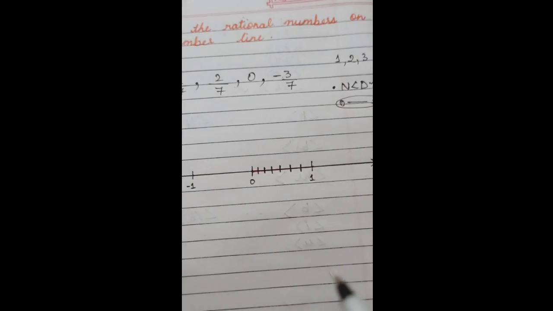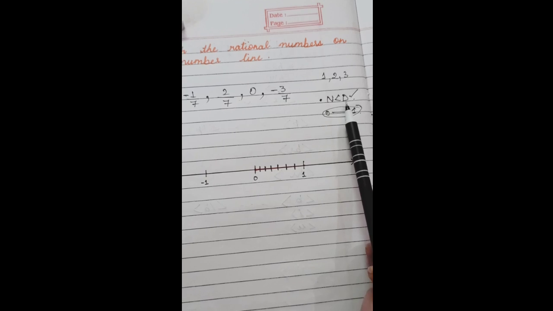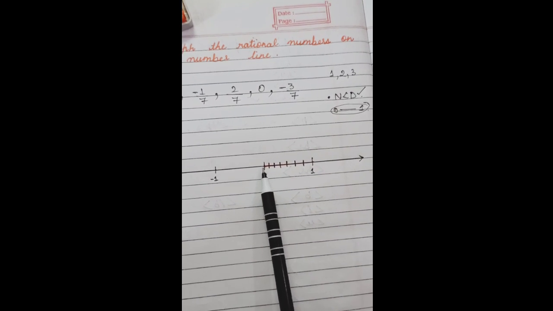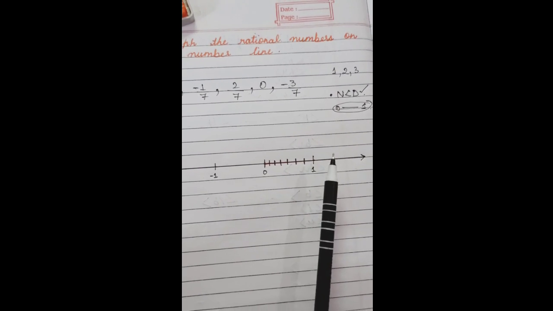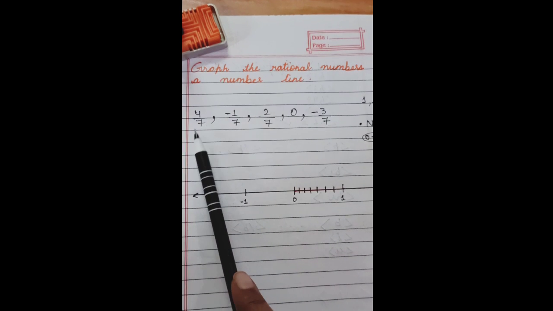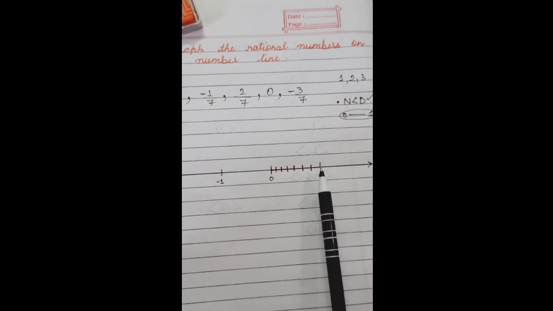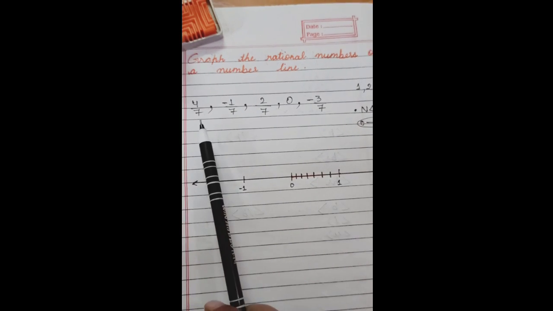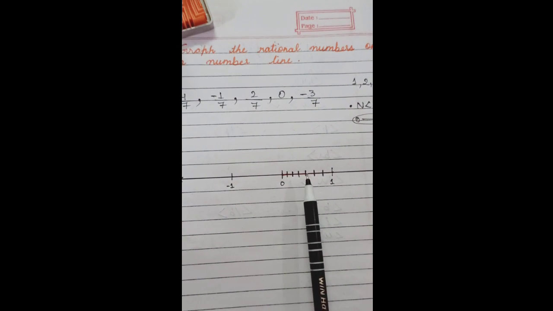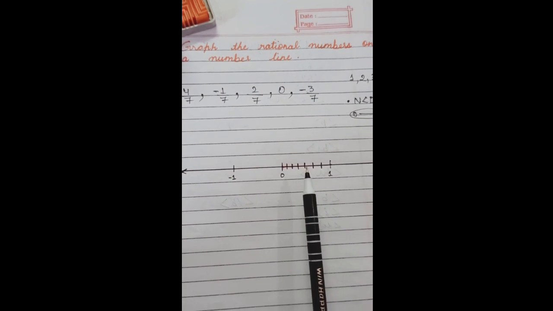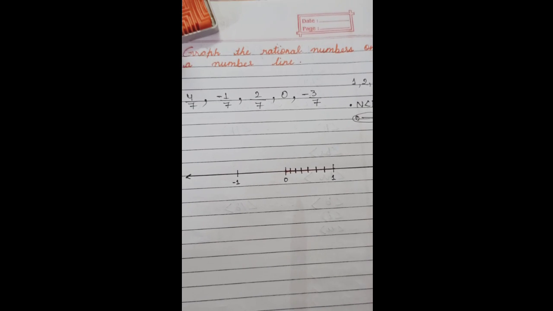So when numerator is less than denominator, the rational number lies between 0 and 1, and the denominator of a rational number shows in how many sections this portion is divided. So here the denominator is 7, so we divide this portion into 7 equal parts.